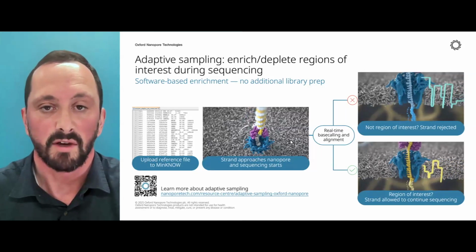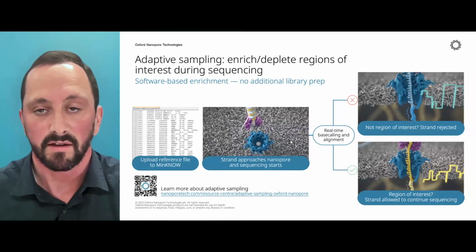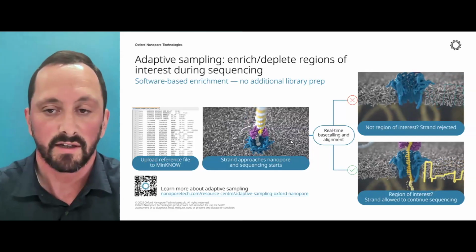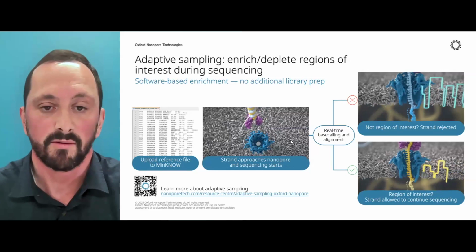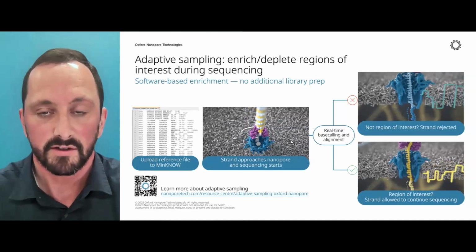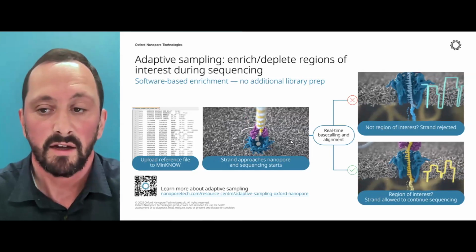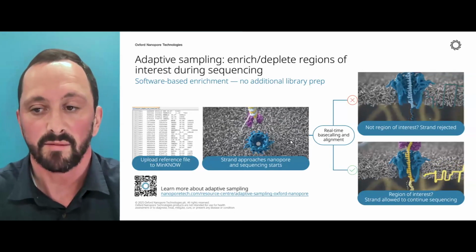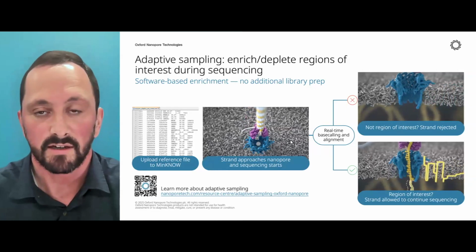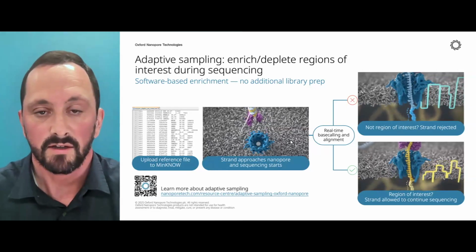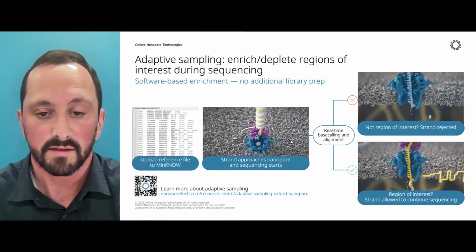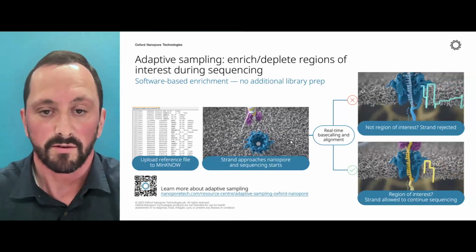The basecalling and alignment is done in real time during sequencing. If the strand aligns to your reference file, to your region of interest, it is kept and continues sequencing. But if it does not align or it doesn't match the region of interest, it can be reversed and ejected out of the pore.